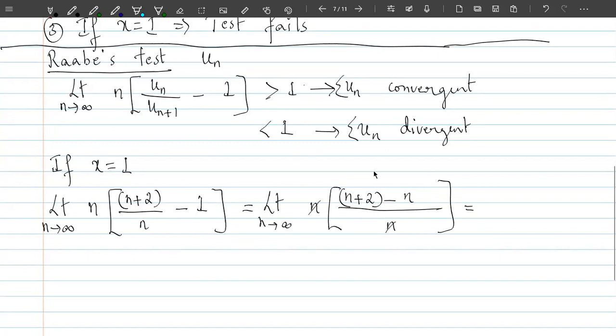So the value of this limit is equal to 2. Since this value of the limit is 2, which is greater than 1, from Raabe's test, we can say that summation un is convergent.